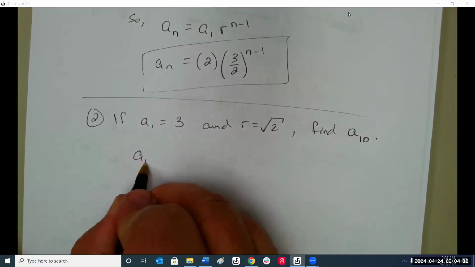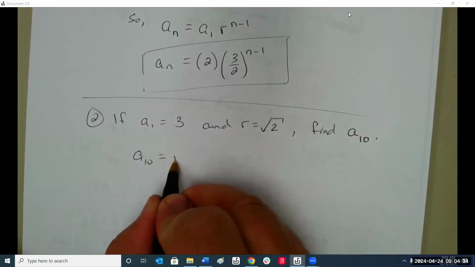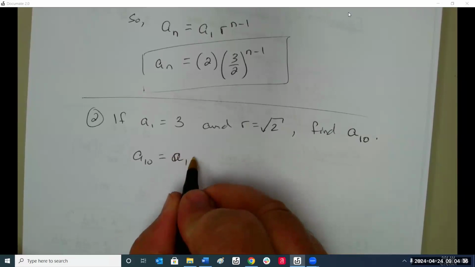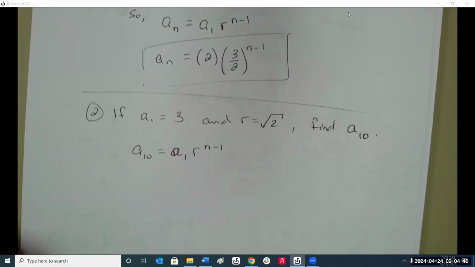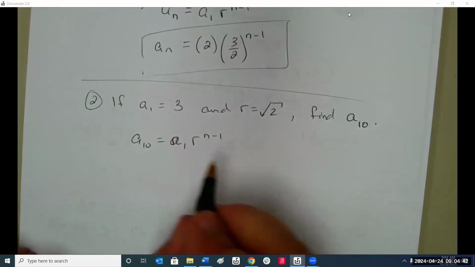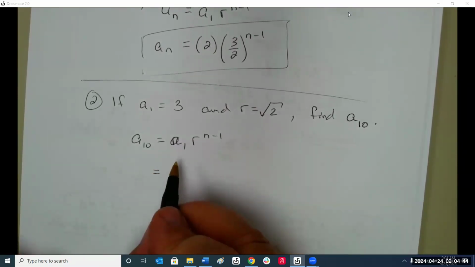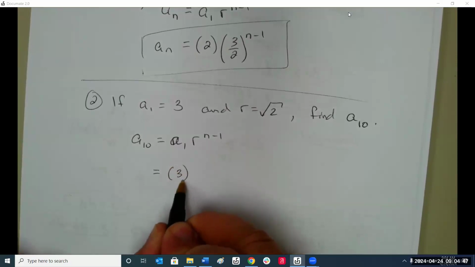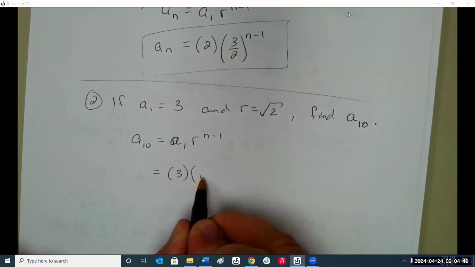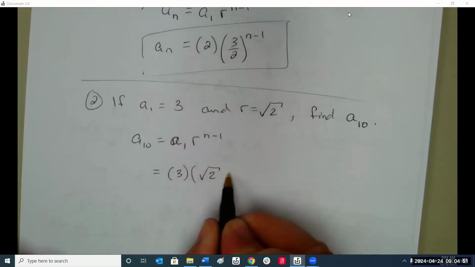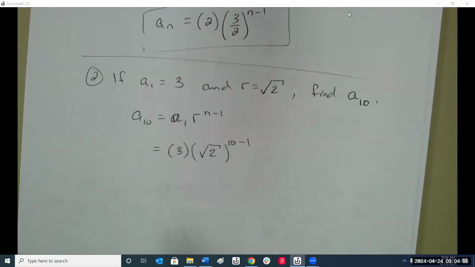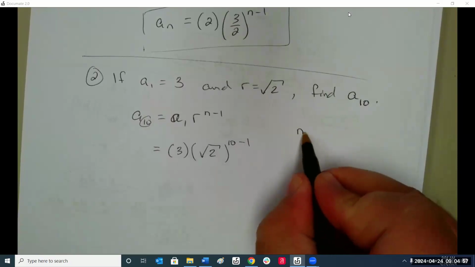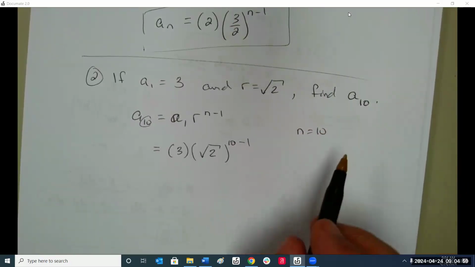So we're looking for the 10th term. Our formula is a sub 1 r to the n minus 1. A sub 1 is 3. R is square root of 2. 10 minus 1, since we're looking for n equal to the 10th term.